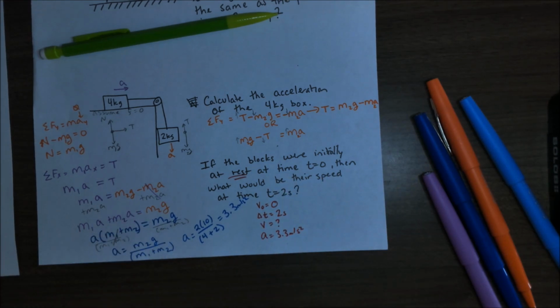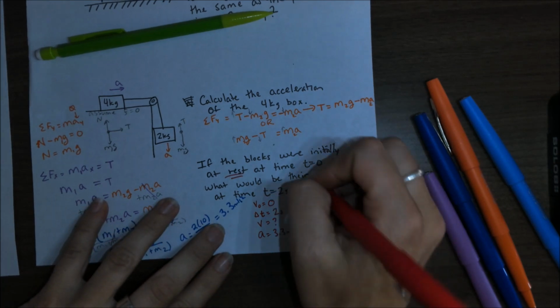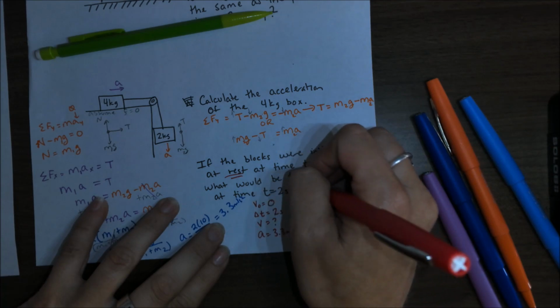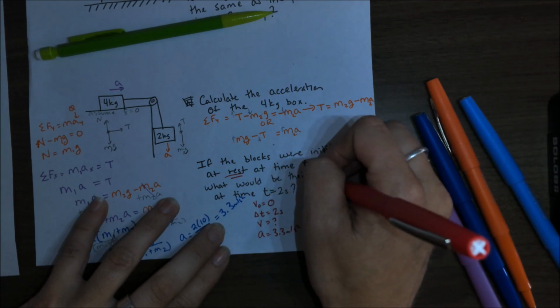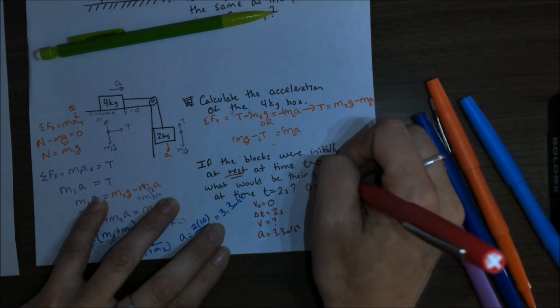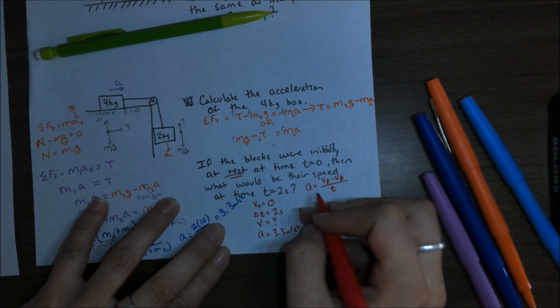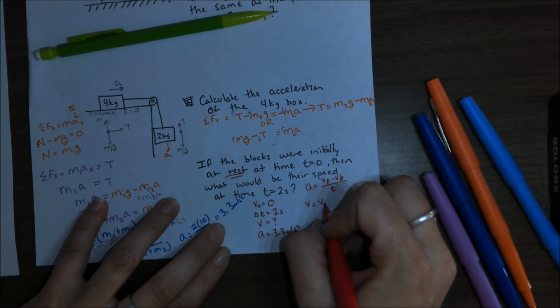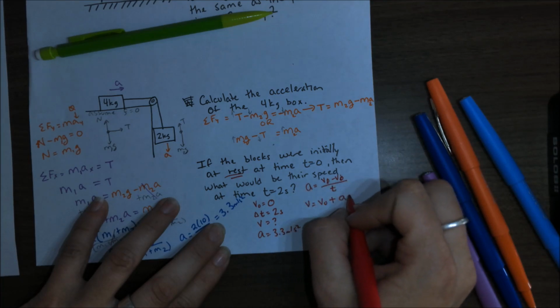So if I wanted to look on my formula chart and identify an equation that has these parts, I would find that I could go back to my really, really old one, or I can find it written as v equals v0 plus at.